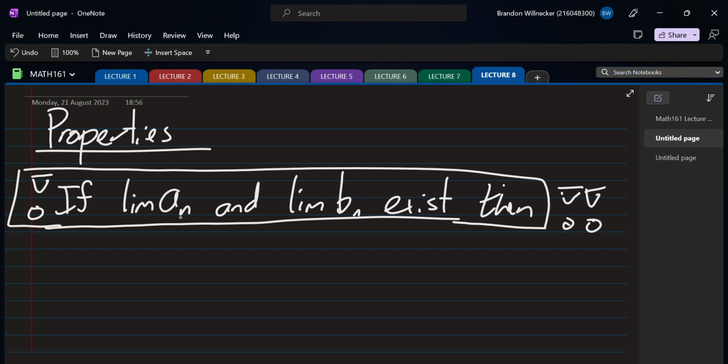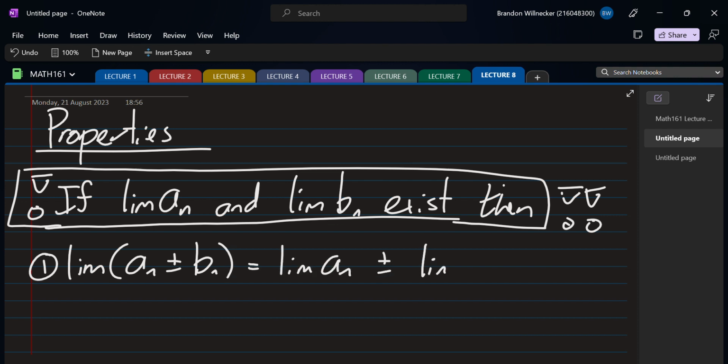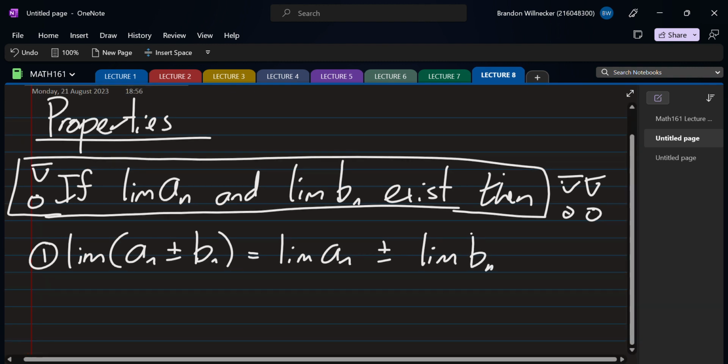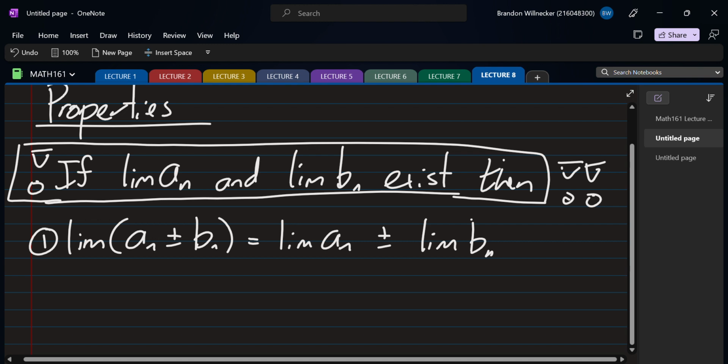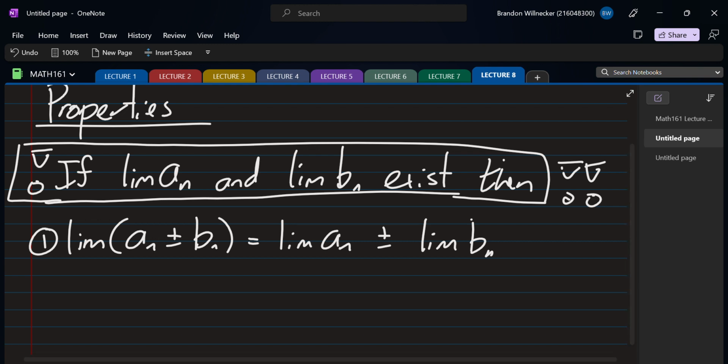Okay, with that out of the way, let's look at the first property. This says that the limit of an plus or minus bn is equal to the limit an plus or minus the limit bn. Very similar to the limits of functions. But here, this little n is a natural number, not a real number, like you did with functions of x. Please just keep that in mind. You'll see that a lot of this behavior is very similar to limits of functions, and we will use some of those examples that we did with functions.